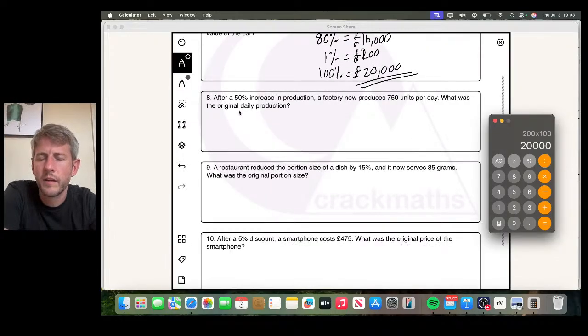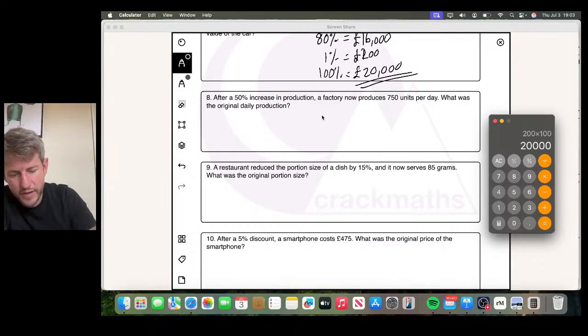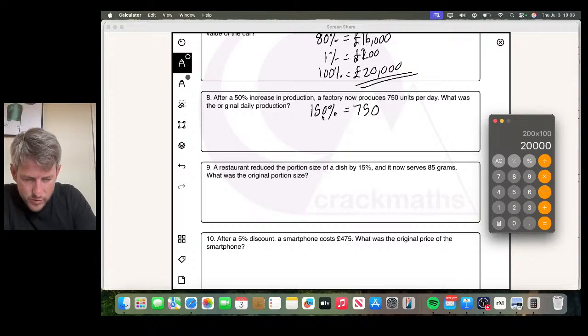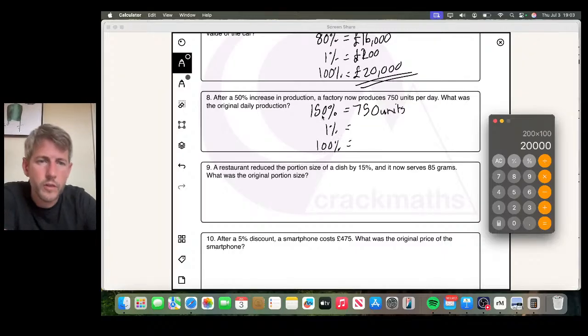Right, question 8. After a 50% increase in production, a factory now produces 750 units a day. What was the original daily production? So 50% increase means they're doing 150% of what they used to, and 150% is equal to 750 units. So we can divide by 150 to get 1%, and then times by 100 to get the answer.